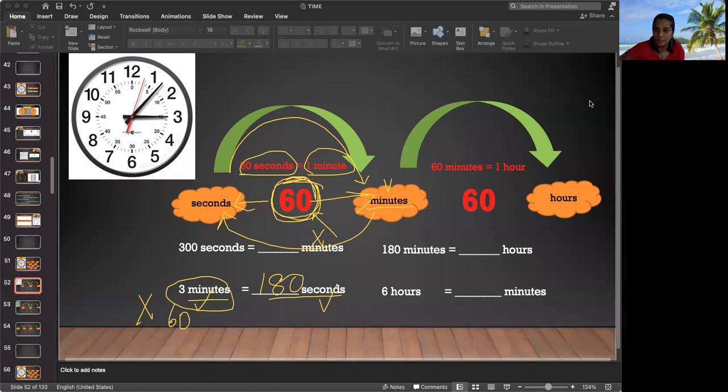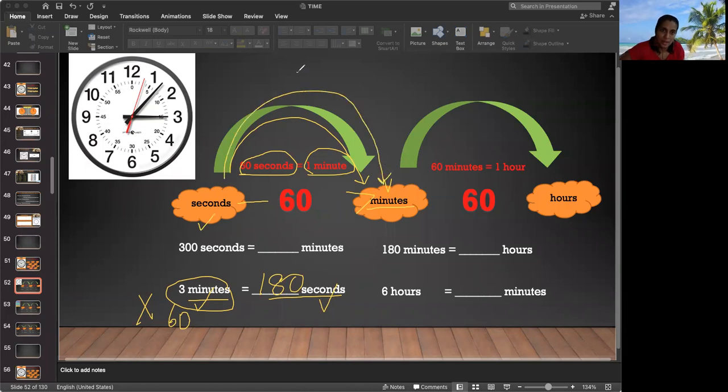The other way around, if you had 300 seconds, in other words, you are given the seconds and asked to find how many minutes, you do a division. You take 300 seconds and divide it by this magic number, 60.